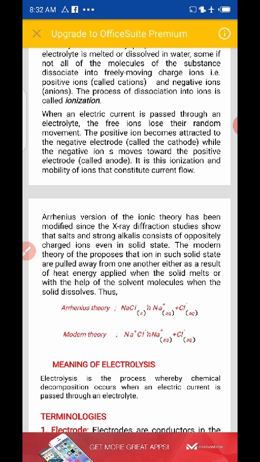The Arrhenius theory said that when solid NaCl, for instance, dissolves, we have Na+ and Cl-. But the modern theory says that Na+Cl- dissolves to give Na+ plus Cl-.